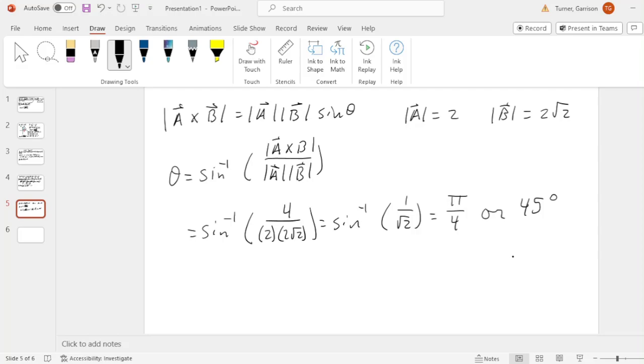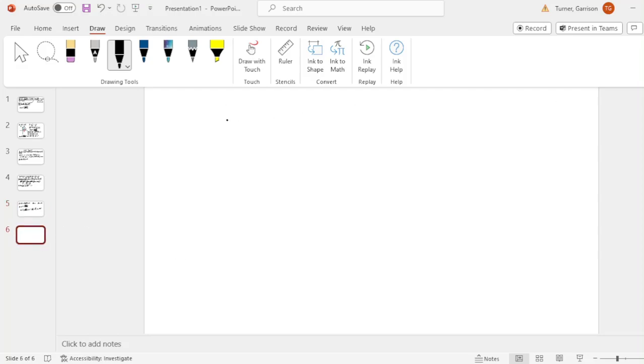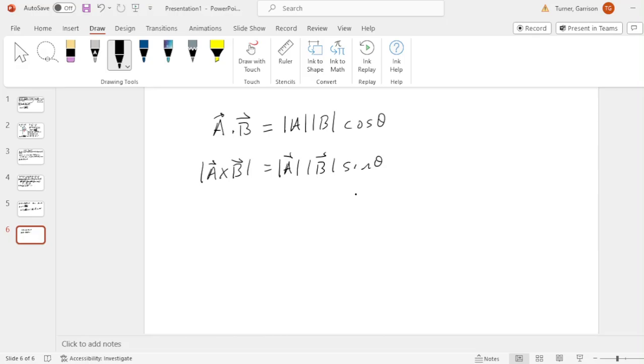Okay. So hopefully that gives you some starting sense on how to use the cross product and dot product. Again, we're not going to go into all of the geometry behind it, but I will say this: A dot B is equal to magnitude A, magnitude B times cosine of theta, and the magnitude of A cross B is equal to magnitude A, magnitude B sine theta.